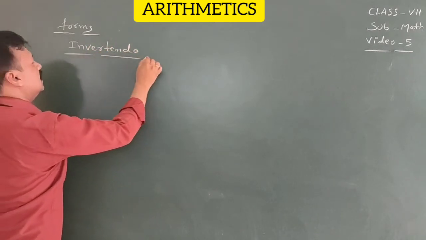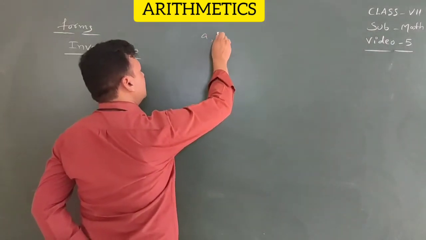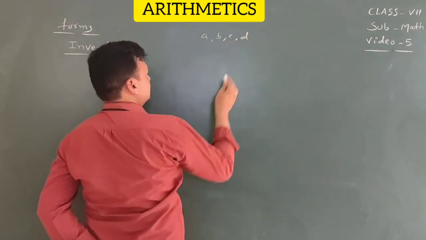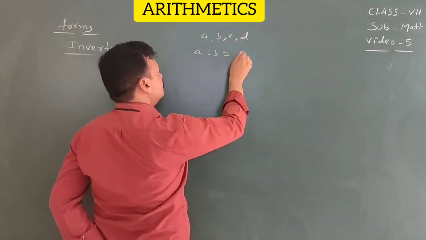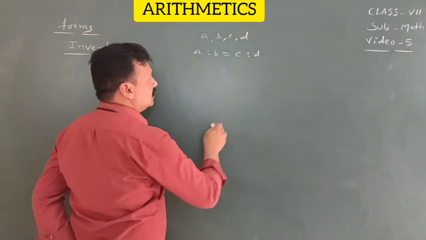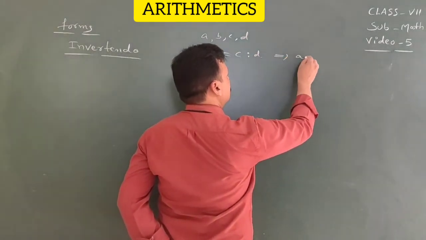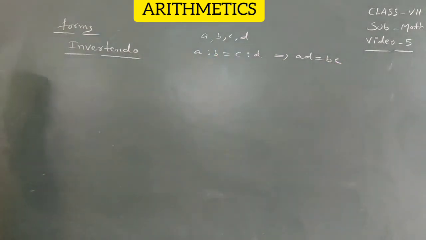For example, consider A, B, C, D. Say A is to B equal to C is to D. Then AD equals BC, because A is to B equal to C is to D, equality of ratios they give.